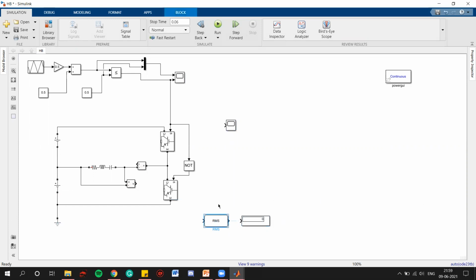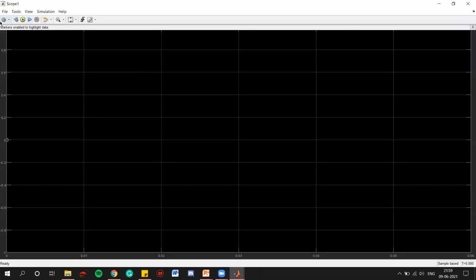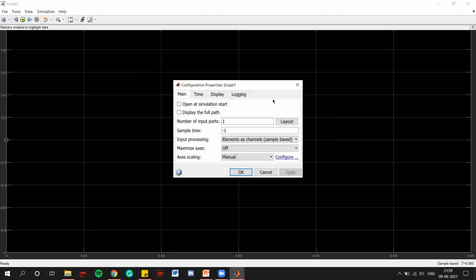So the value of voltage, it will be RMS, and the display. Now first input we will get from the constant value of the voltage, that is this and this, right? So one constant value of voltage, that is the first one. Second one would be the first gate. Third one would be the second gate. The fourth one would be the output waveform, and the fifth one would be the current.